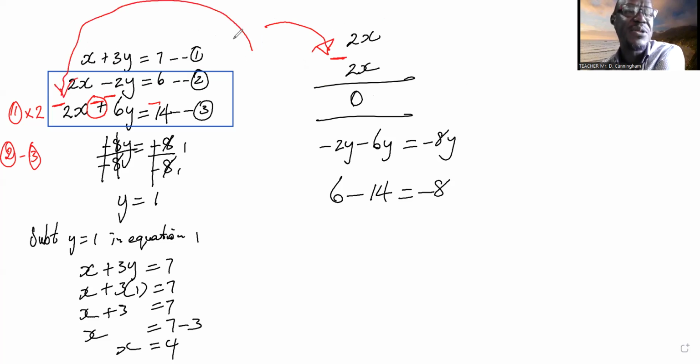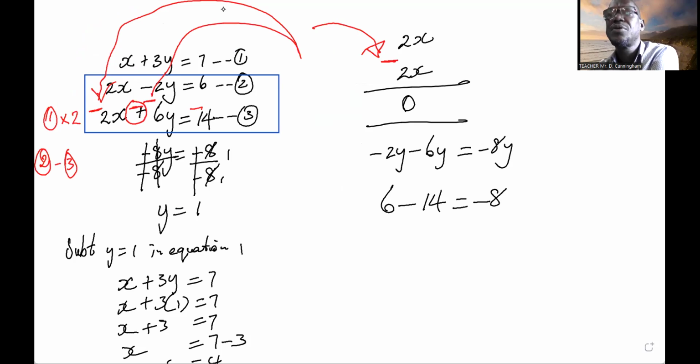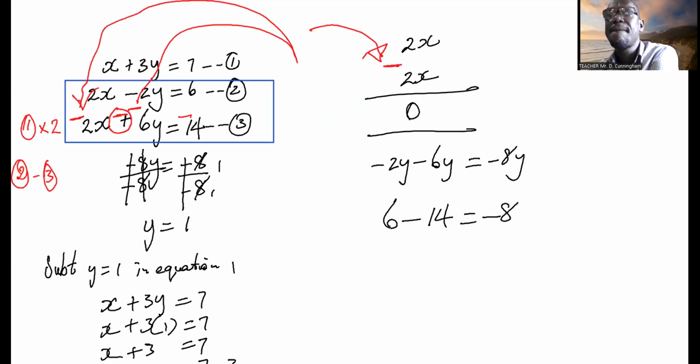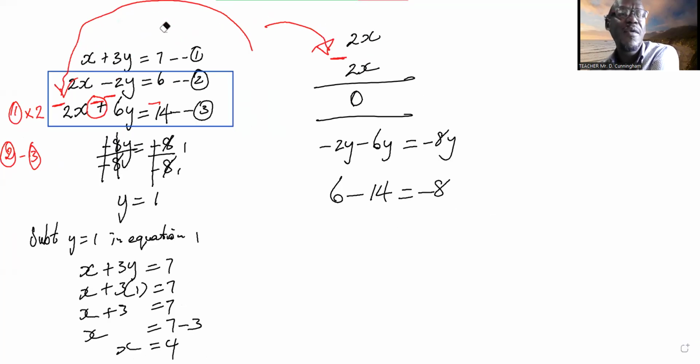So I have to minus here, I have to minus here. When I added the minus sign with the plus, a minus and a plus gives minus. And of course, this is equal to negative 14. Jada, that's okay with you?